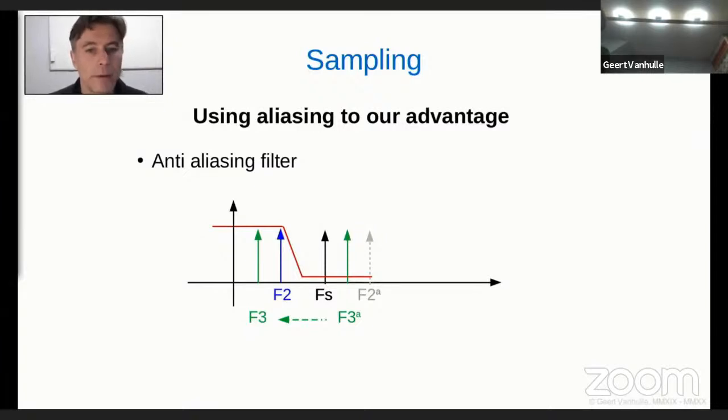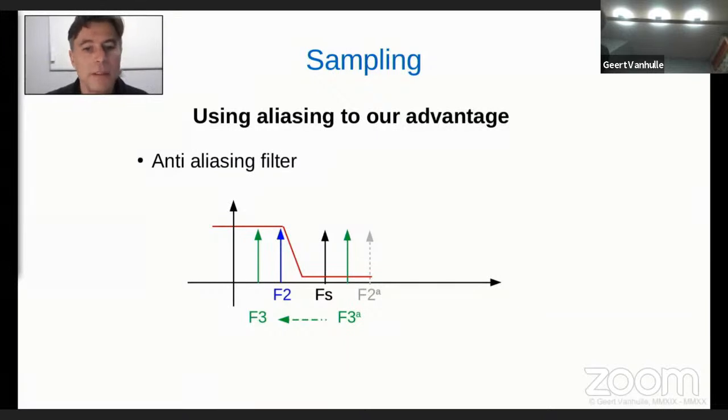Now, if we would have another frequency that is above the sampling frequency, for example f3 alpha, we would perceive it as the same thing as a frequency f3. So if we have the low frequency f3 or the f3 alpha frequency, after sampling it would appear as the same frequency.